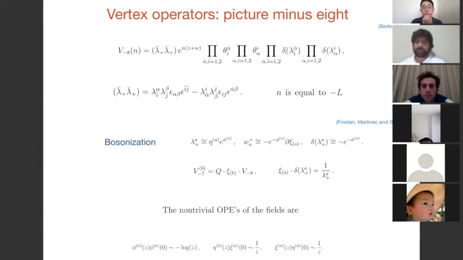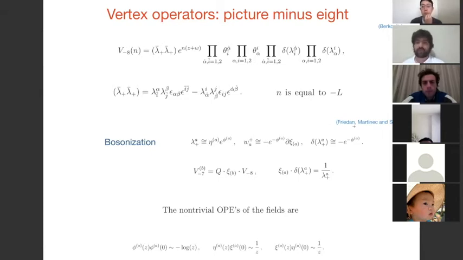So basically, you have these delta functions, and the way it's interpreted is via bosonization. You remember that when you partially solve the constraint, this lambda plus can be taken as independent components. So you have 8 independent lambda plus and 8 independent conjugate momenta.